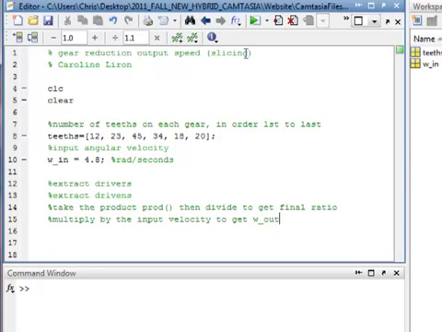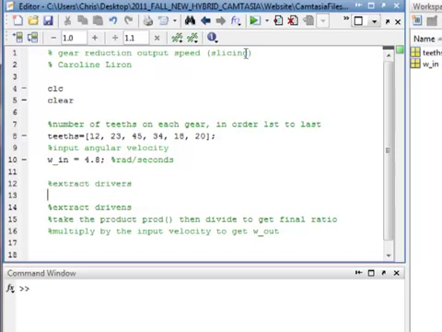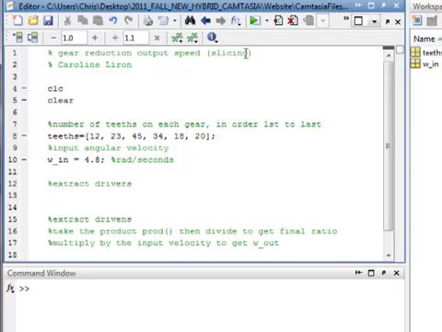So always develop your algorithm first. Try to put what's in your brain using words and just quick little bullets. To extract the drivers is nothing but slicing. Drivers equals teeth, so that's my original array, and I would like to slice the first, third, and fifth number.